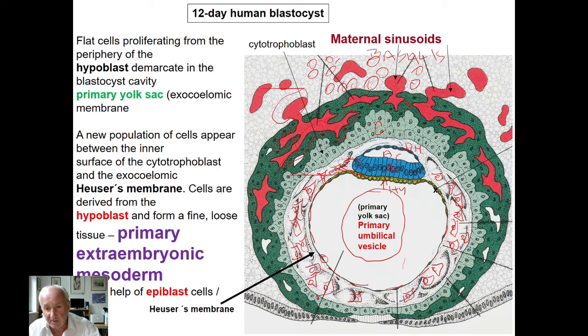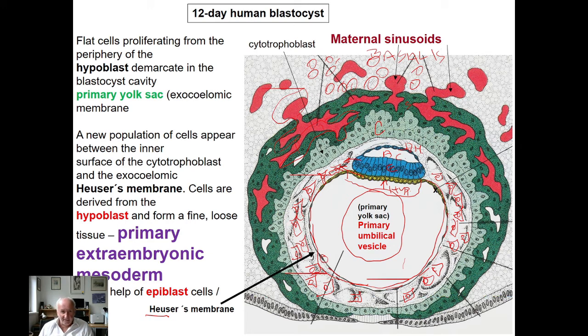Primary yolk sac. By what is the primary yolk sac surrounded? At this moment, by the cells of hypoblast, and the rest by a very interesting membrane formed from very flat cells, described by Mr. Heuser. So it's called Heuser's membrane.